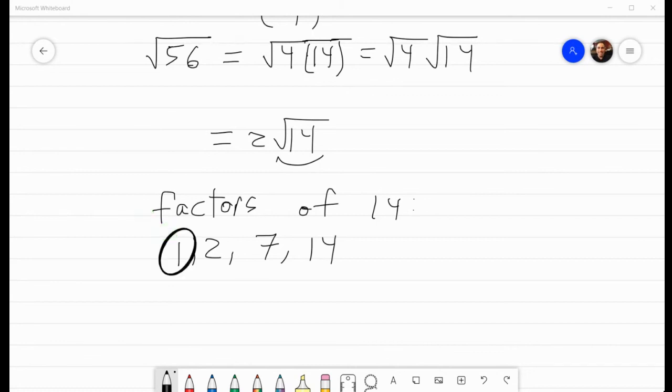So because of that, the square root of 14 is simplified. So that tells us that when we simplify the square root of 56, we can stop at 2 times the square root of 14.